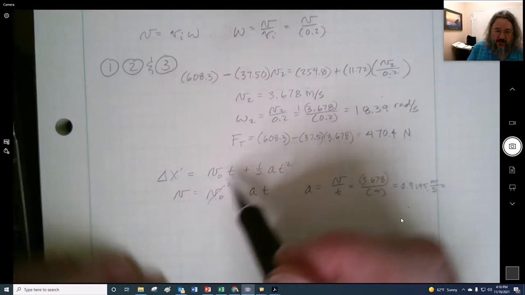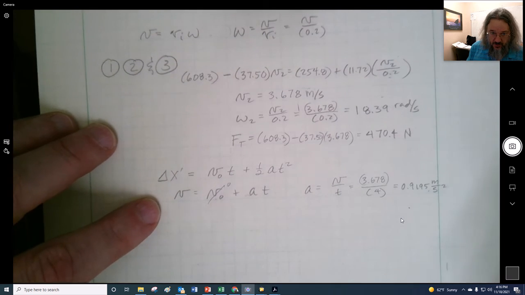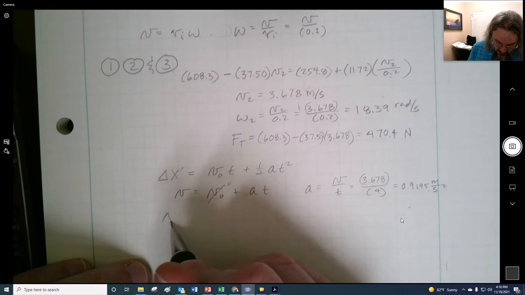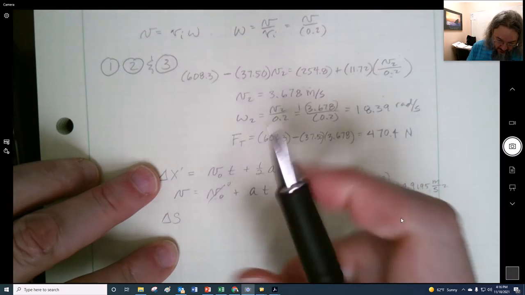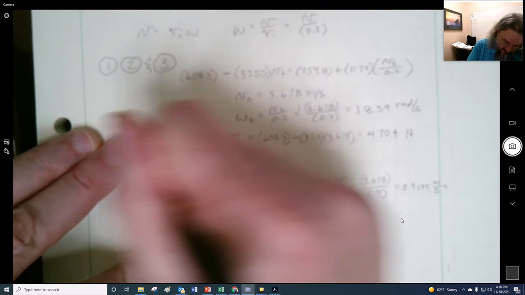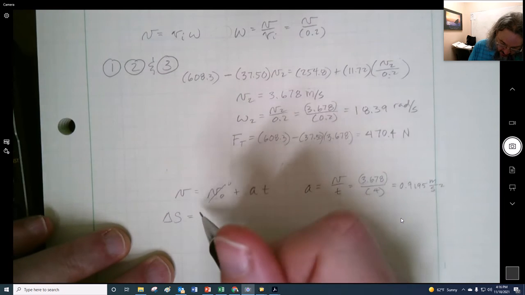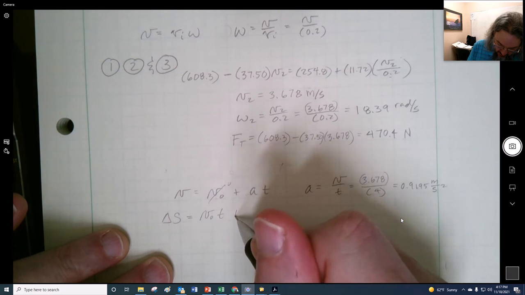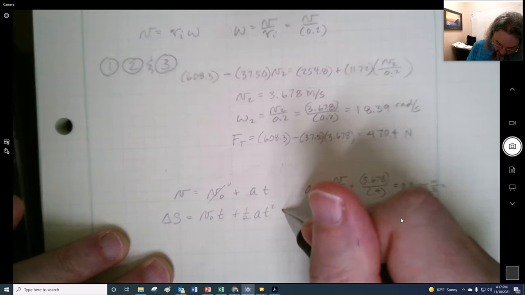And now we can find the position. We could either use this to find the position, or the other one that I wrote down. But this is probably going to be easier, right? So this will be delta S, which is the delta X right there. That's going to be equal to initial velocity times time plus 1/2 acceleration times time squared.